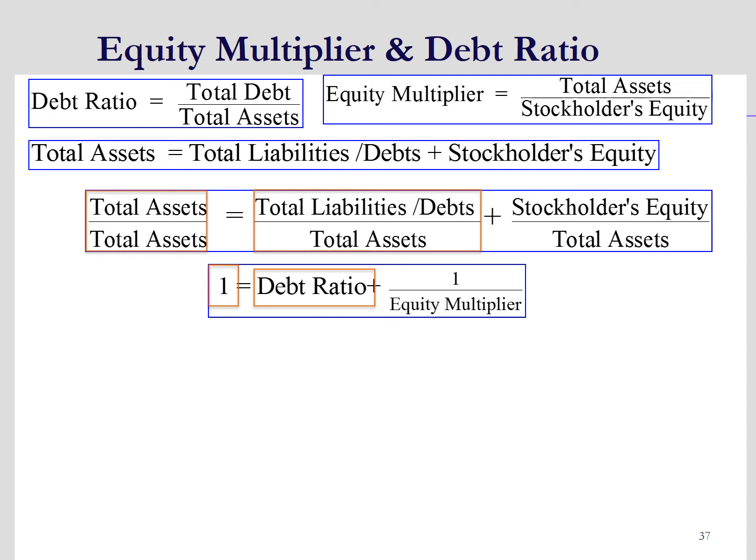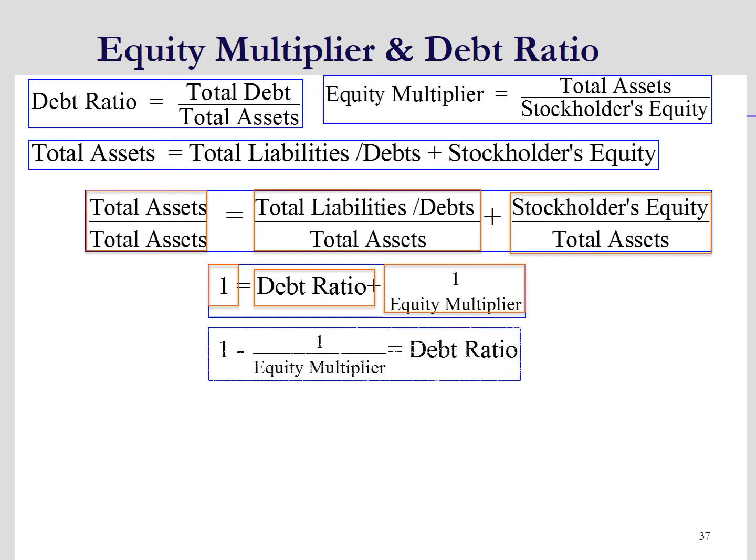Stockholders' equity divided by total assets, by definition, is the inverse of equity multiplier. So we have the equation: 1 equals debt ratio plus the inverse of equity multiplier. Subtracting both sides by the inverse of equity multiplier, we arrive at 1 minus the inverse of equity multiplier equals debt ratio.